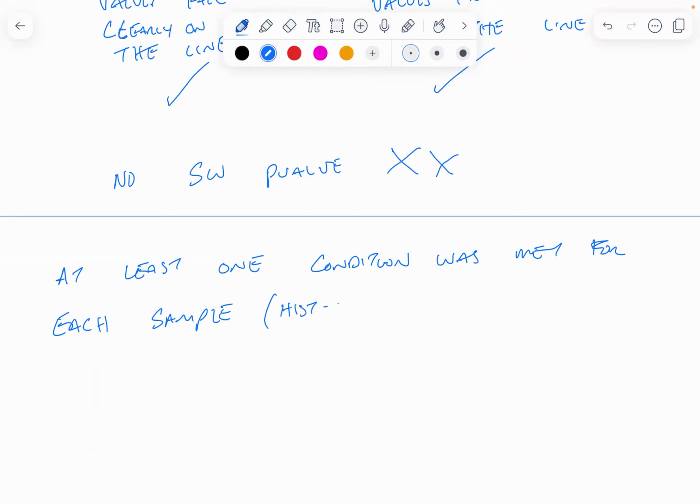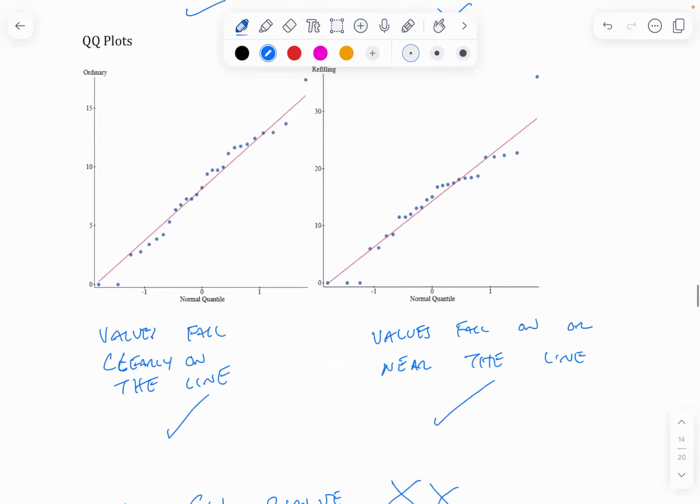Histogram, nearly normal for ordinary, and QQ, nearly normal condition for refilling. Now, be aware, I did that purely just to emphasize which one was met, because I only need one.